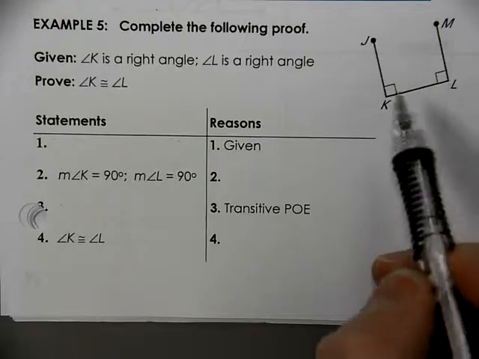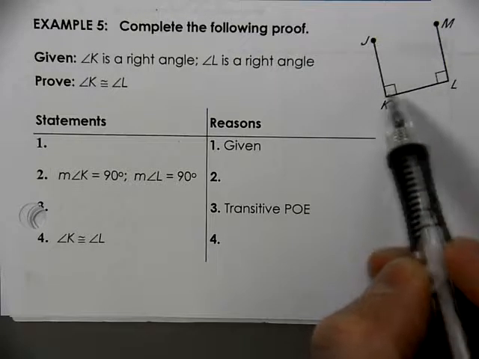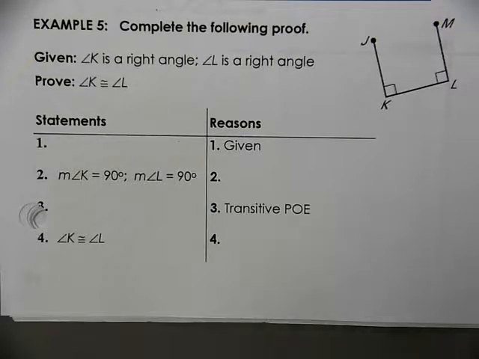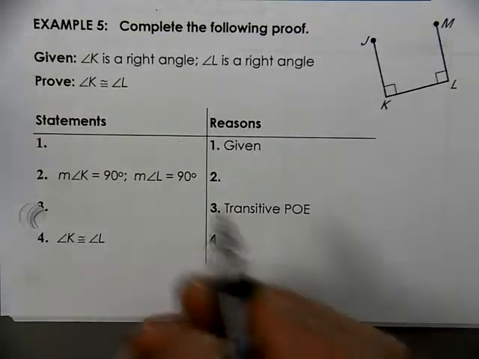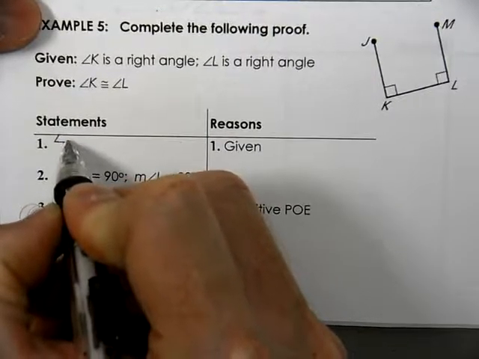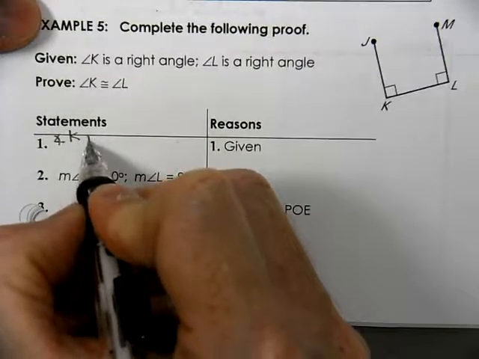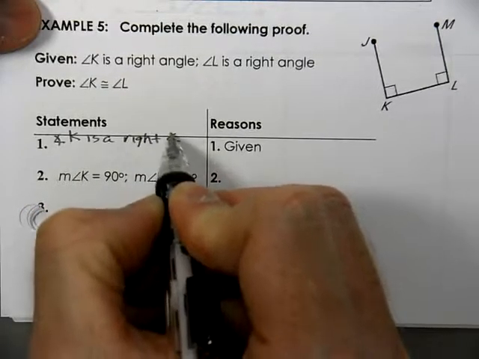So using our picture here, we see that angle K has a box, so that makes it a right angle. Angle L has a box, so it makes it a right angle. K and L are both right angles. Angle K is a right angle.